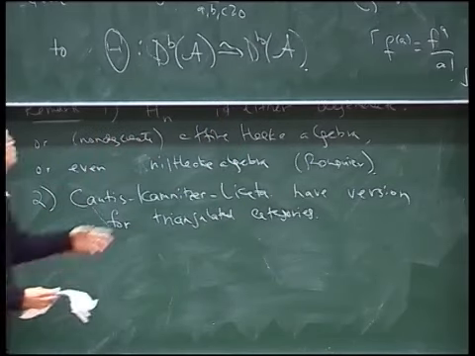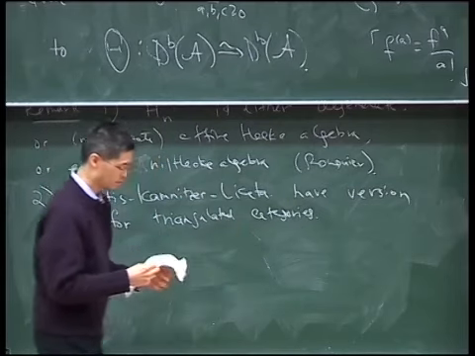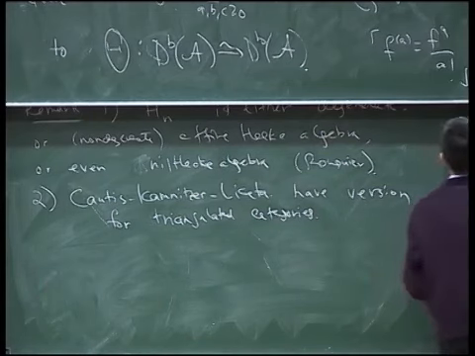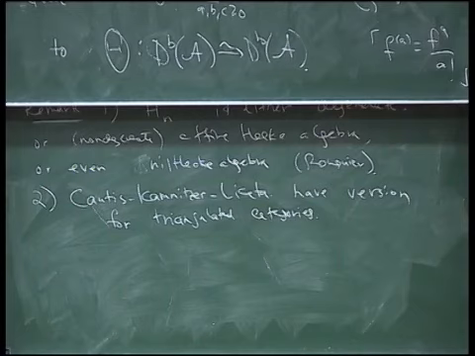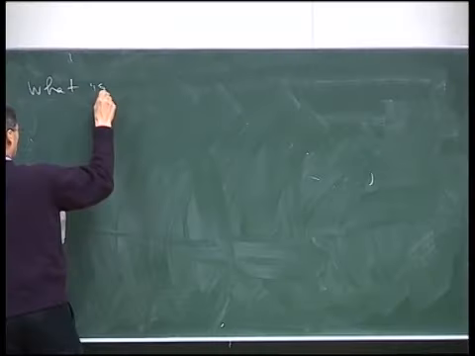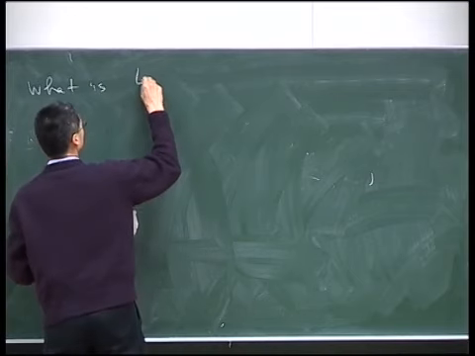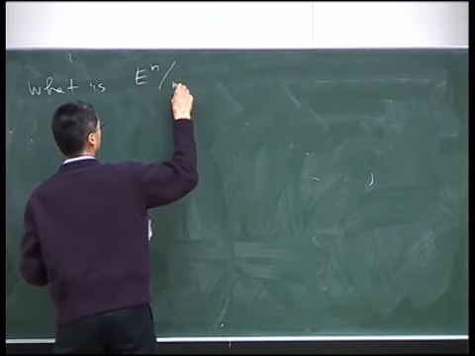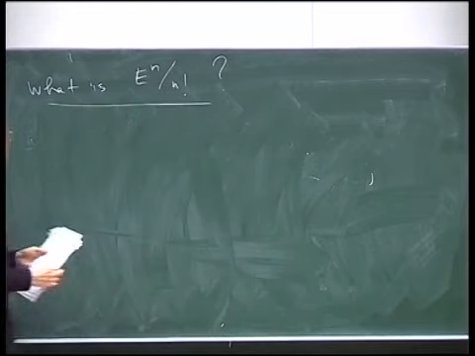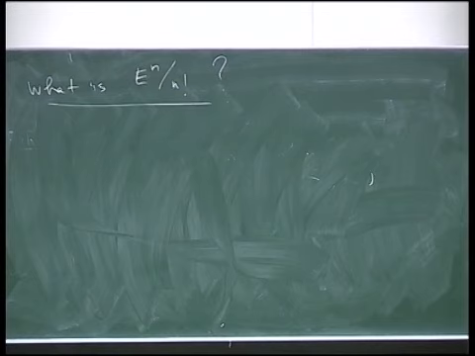But interpreting what this capitalization means is the rub. So the first thing is, as I said, the divided power. So what do we mean by e to the n divided by n factorial? Okay, that means we want to split this functor into a direct sum of copies of a single functor.